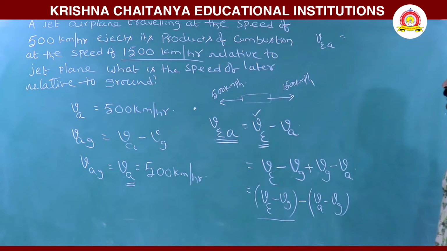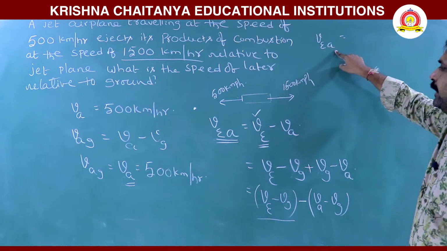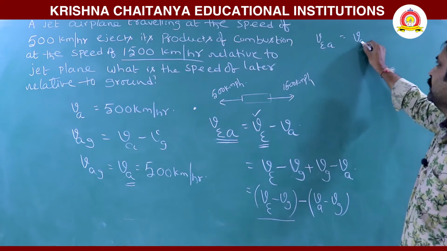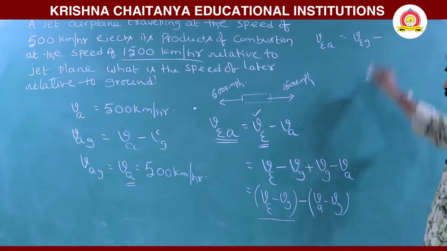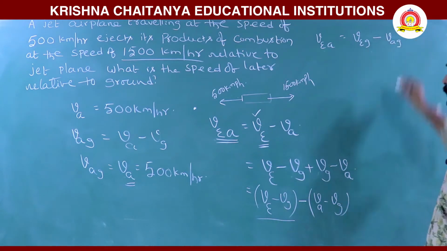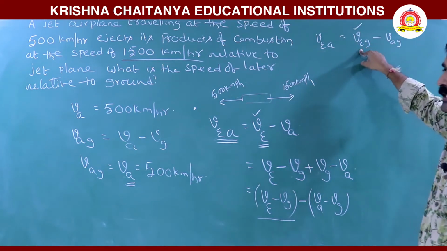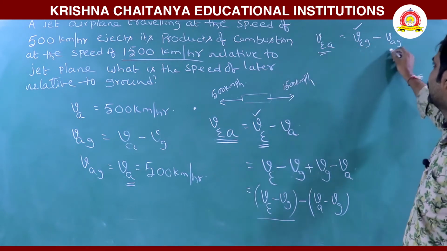Now velocity of exhaust gas with respect to airplane is equal to Ve minus Vg, the velocity of exhaust gas with respect to ground minus the velocity of airplane with respect to ground. Here you are asked to find the velocity of exhaust gas with respect to ground. What is this and what is this?